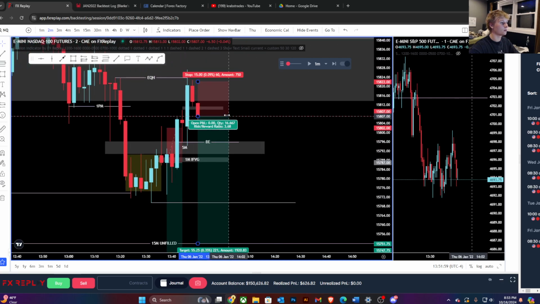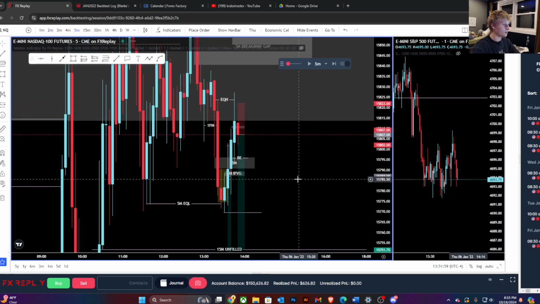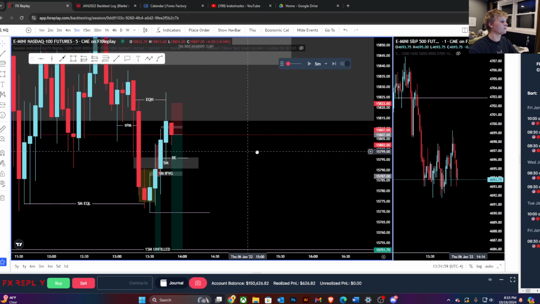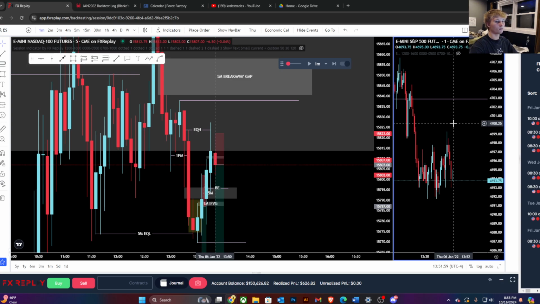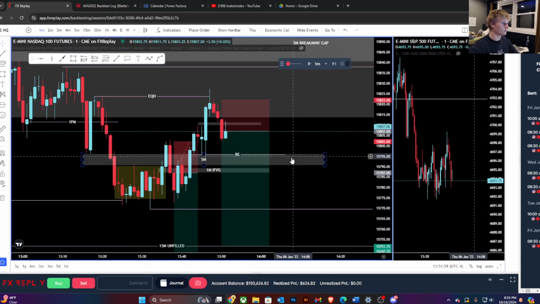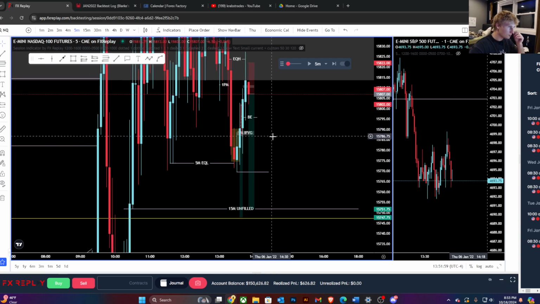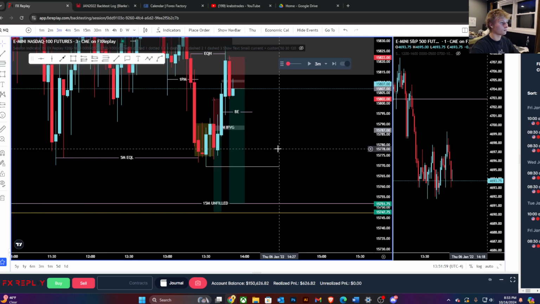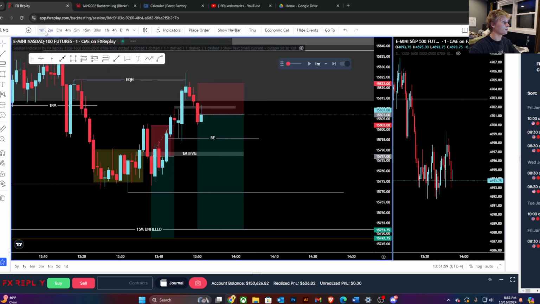Should we re-enter? The only thing is I don't like how this 5-minute inverse could have run up to this high. This does look super clean though.